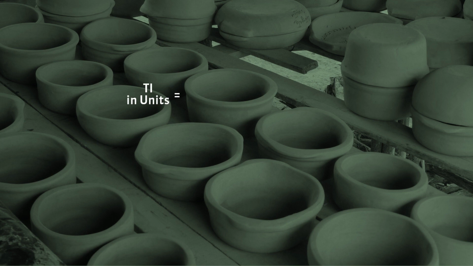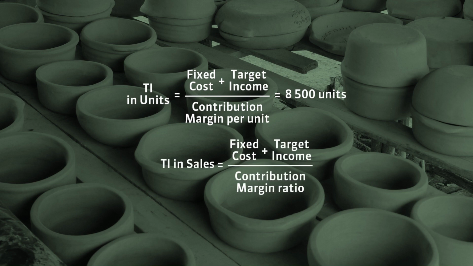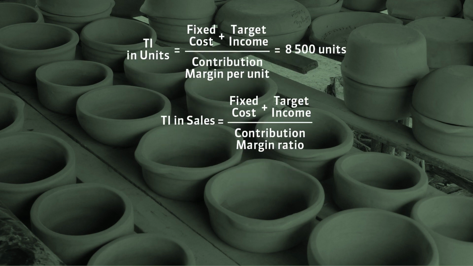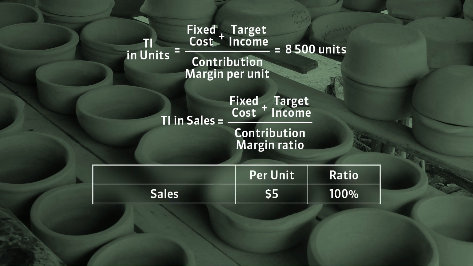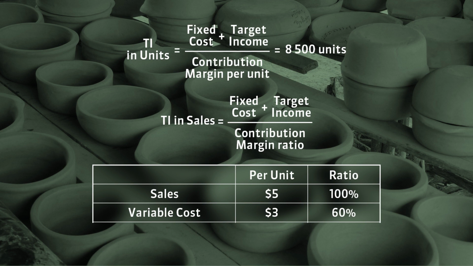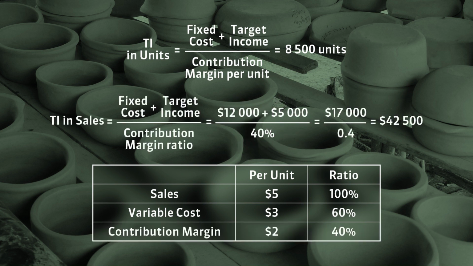The second way is to substitute the data into the formula. This time we need to know the value of contribution margin ratio. Let's calculate it. As you can see, the result is exactly the same.